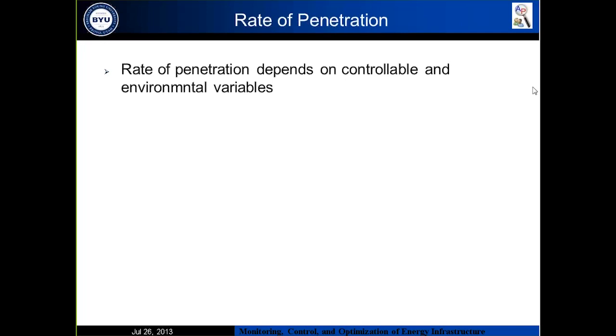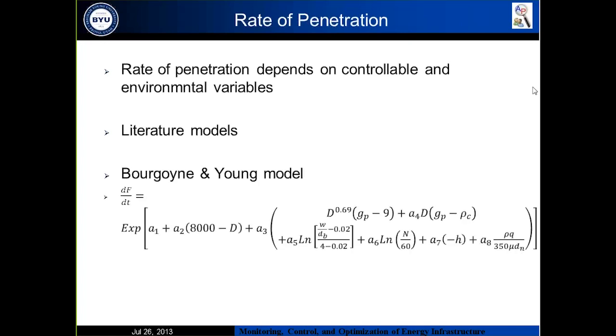Environmental variables are those that we cannot change, for example the drilling bit type. Many types of models have been presented by researchers. I won't introduce them here, but most of them are empirical models. The one that is widely accepted, especially in industry, is the one proposed by these researchers.